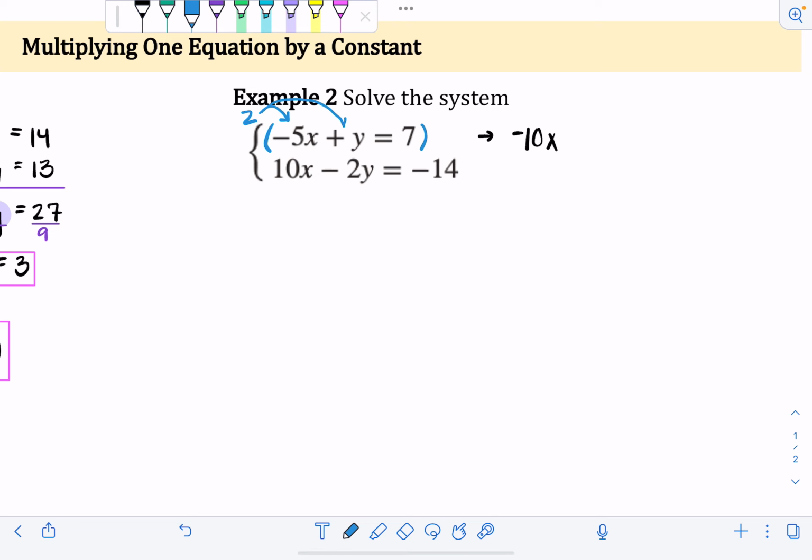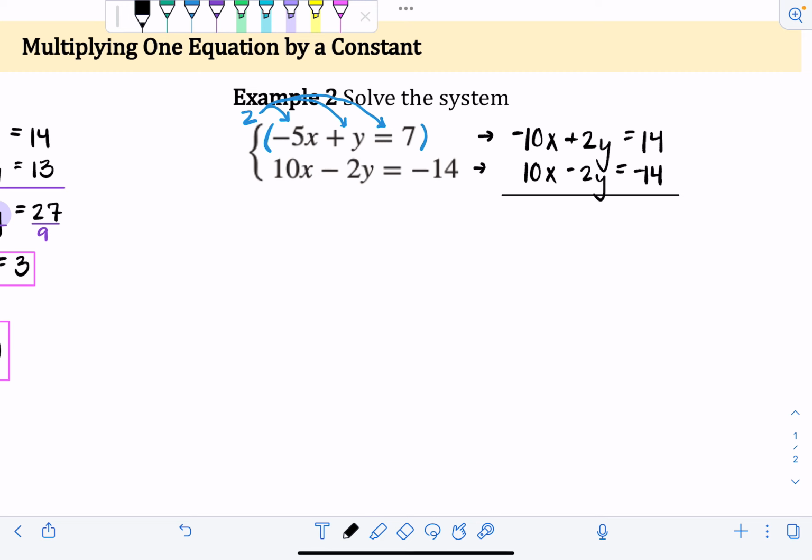And then 2 times y should be 2y. And then don't forget about the very end, 2 times 7 after the equal sign would be 14. And then the second equation stays the same. We don't need to make any changes to it. So 10x minus 2y equals negative 14. And then from there, we can add the equations together, so we can set up our addition problem.